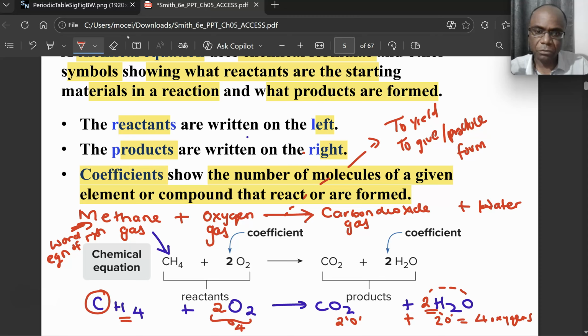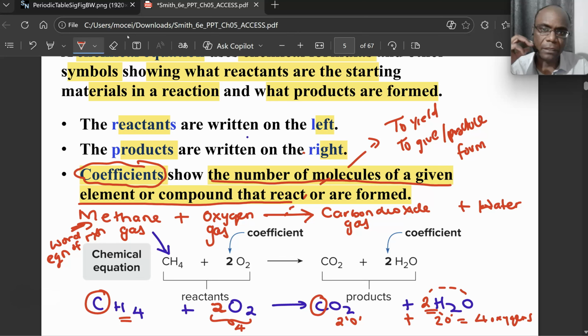I also want to make sure on the left I have 1 carbon, and on the right I have 1 carbon. You balance by inspection. These numbers that help us balance the elements on the product and reactant sides are what we call coefficients. They show the number of molecules of a given element or compound that react or are formed.